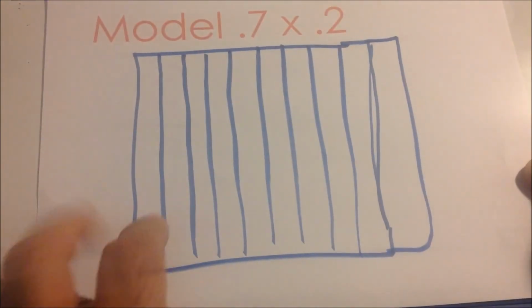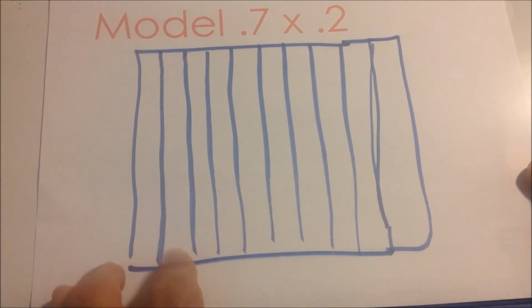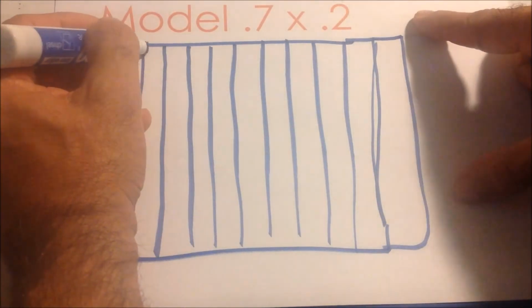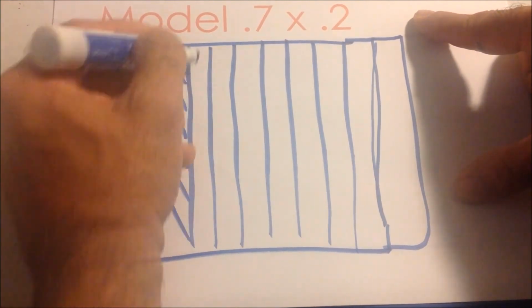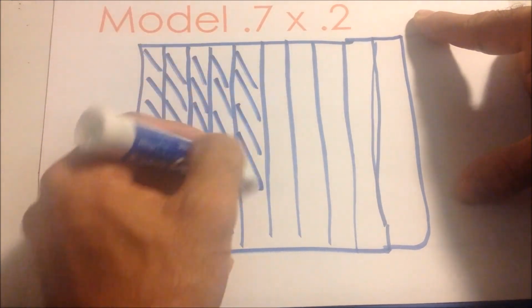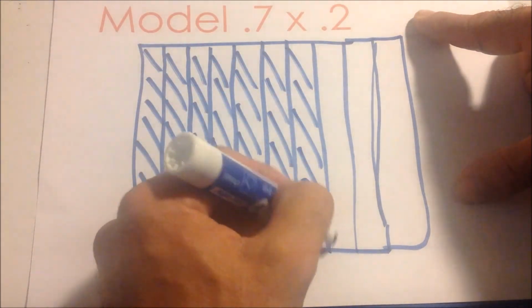And always double check. 1, 2, 3, 4, 5, 6, 7, 8, 9, 10. So there's our 10. Now 0.7. That means we should fill 7 of these. 1, 2, 3, 4, 5, 6, 7. There's our 7.